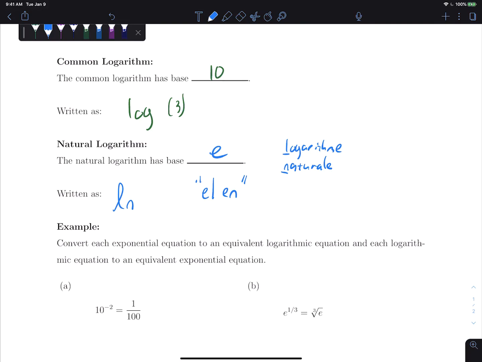So ln of 3 would actually be the same thing as log base e of 3. We like to use ln because frankly it's quicker and we use it quite a bit.